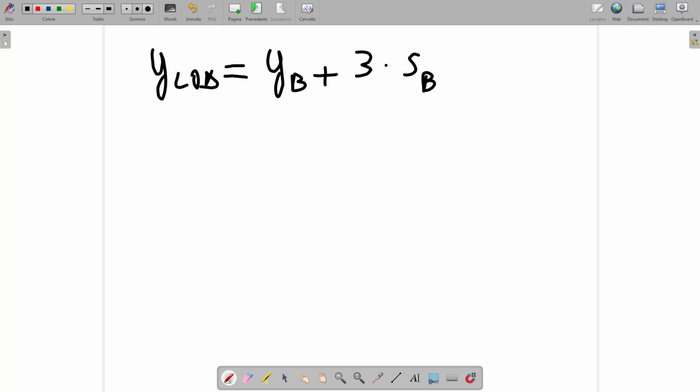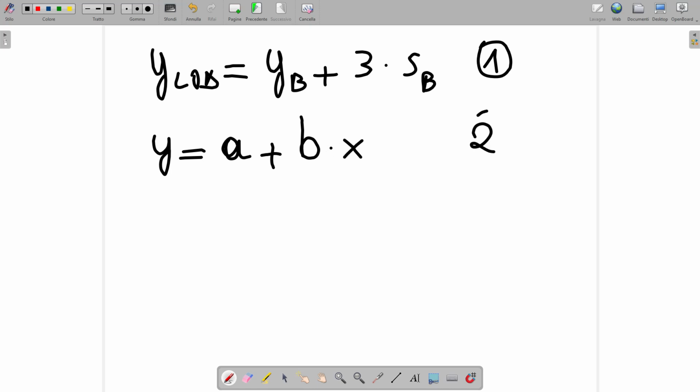This is equation 1. We have also obtained the relationship between y and x because we know that the model holds true: Y is equal to a, the intercept, plus the slope of the model multiplied by x. Is it okay?